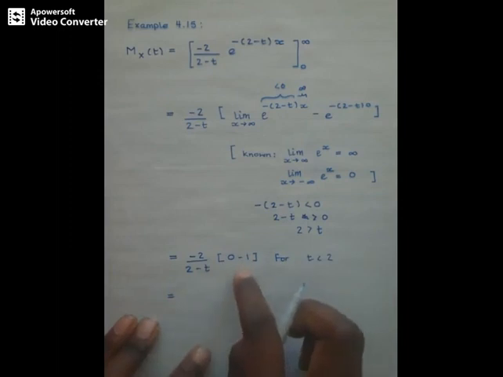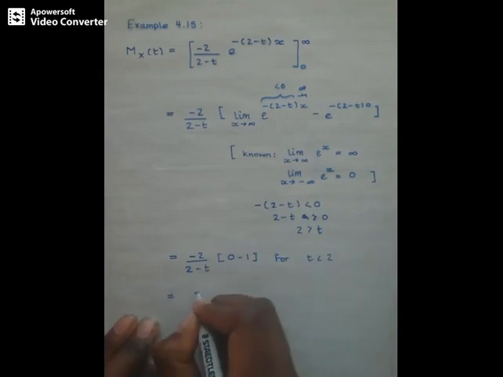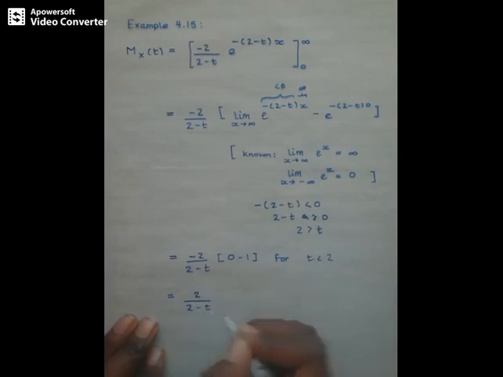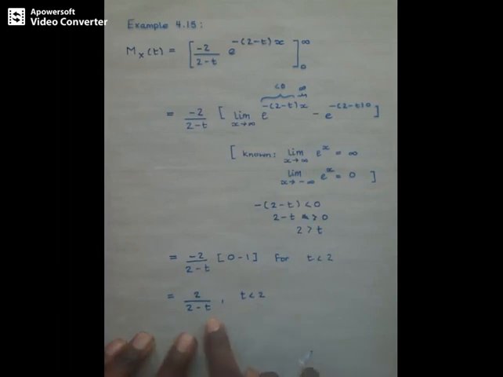Now you multiply both sides by minus 1, and you end up with 2 times 2 minus t for t less than 2. So you can see once again that the values of t that you have selected actually force the moment generating function to be positive for all values of t in that region there. So that's just another way of checking whether you have the correct region for t.